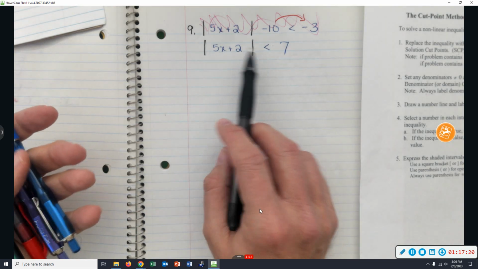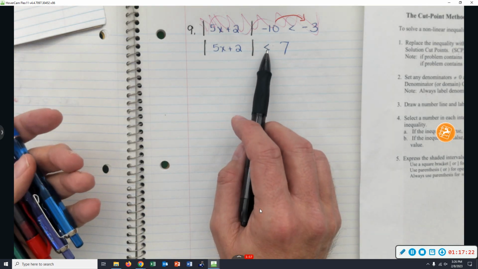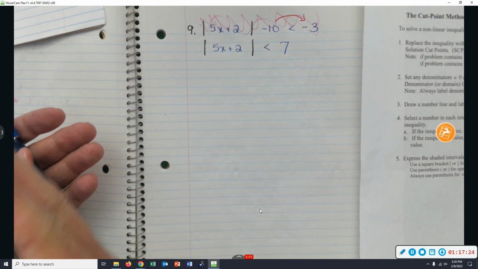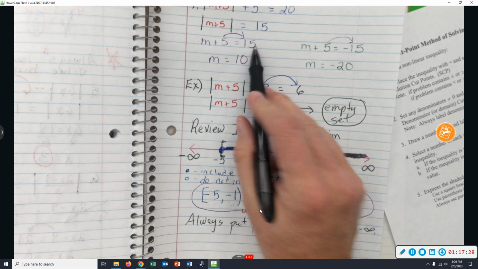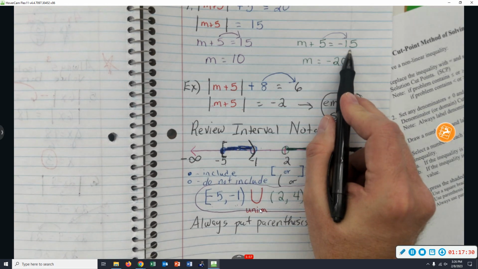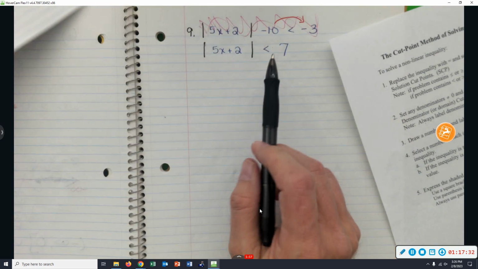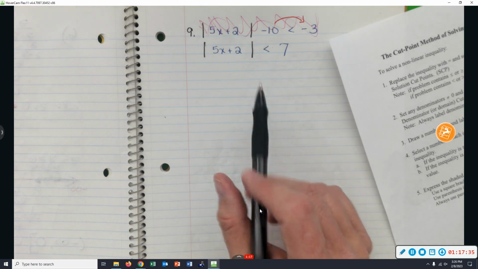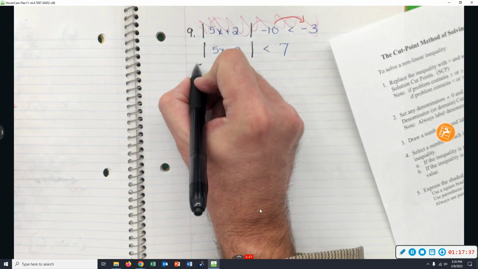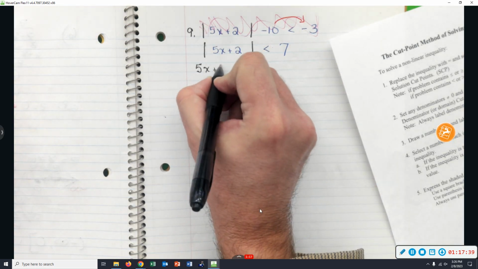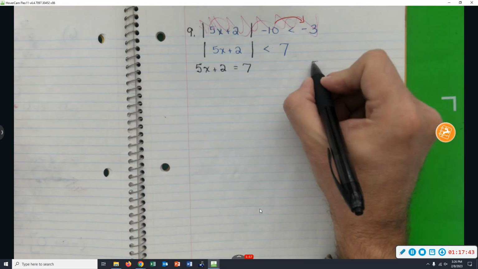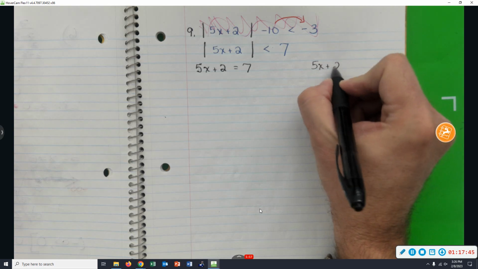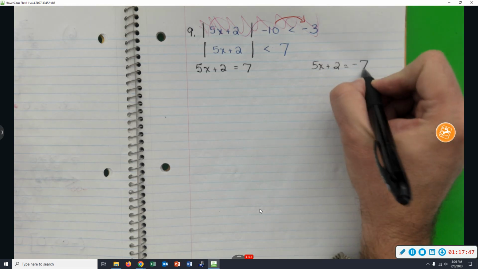So here, to solve it with an equal sign, like over here we went equal 15 and equal negative 15, what are we going to do over here? Equals 7 and equals negative 7. So 5x plus 2 equals 7, and 5x plus 2 equals negative 7.